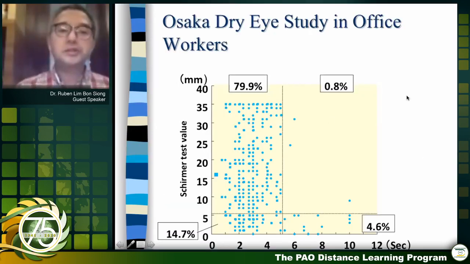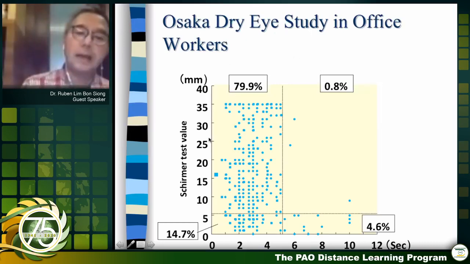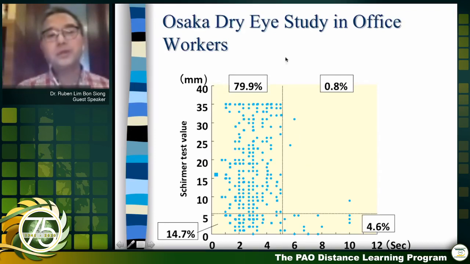Now this is just trying to show you the importance of your tear breakup time. This is a large study done in Japan, wherein they looked at office workers in the city of Osaka, and they noticed that what correlates most with dry eye problem is low tear breakup time. Schirmer's is everywhere; you can have very high Schirmer's but very low tear breakup time.